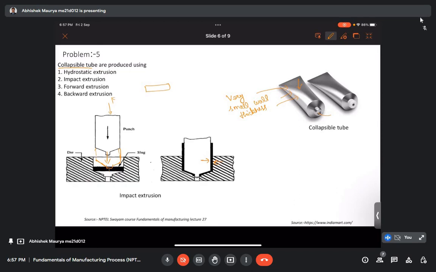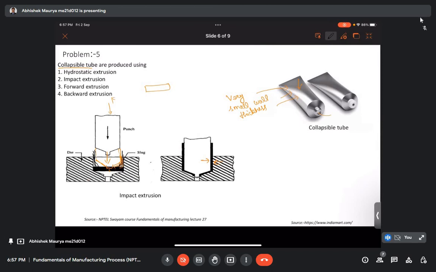So it will keep on coming down, and material starts flowing from there to there, because this is the gap from where it is getting passed to flow, and this gap is very small.